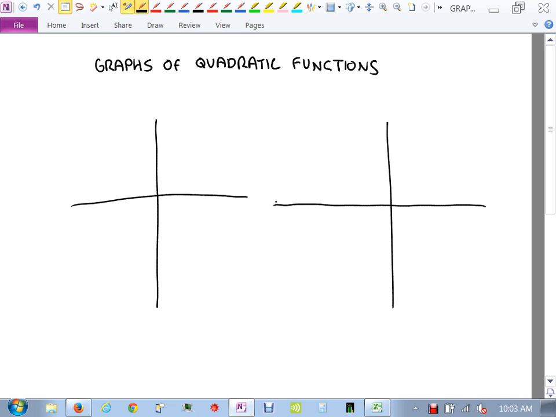Your quadratic function is going to be that U-shaped thing, like this. Or it's going to go like this. Now, the U can be moved up and down, left to right. It can be real narrow, it can be spread out. But it's either going to look like a U that goes up or a U that's been flipped over. One of those two. All quadratic functions, okay? Is that all right?